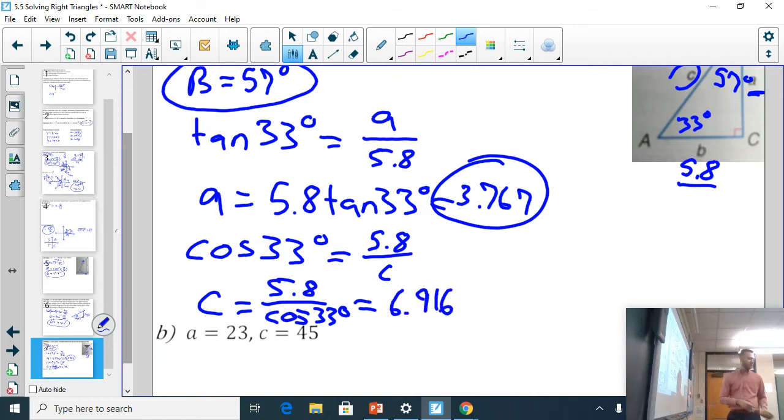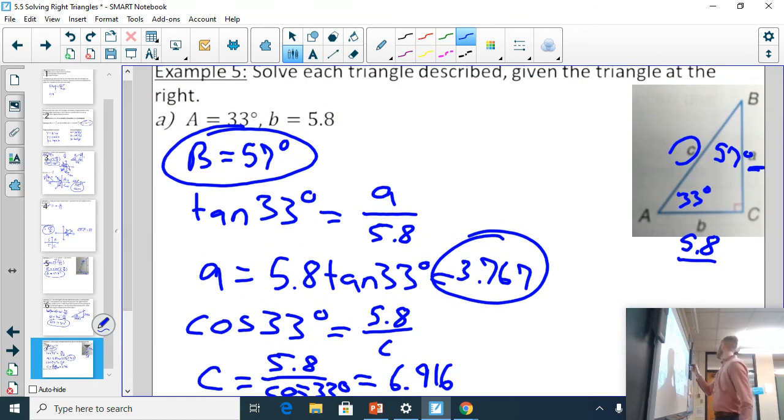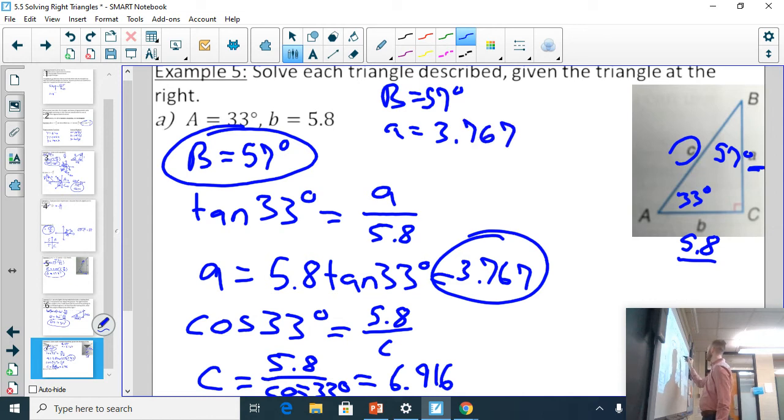And now we've just found everything in this right triangle. And it might be nice to write everything you know, right? So we learned that B is 57 degrees. We learned that A is 3.767, and we learned that C is, what do we just get? 6.916.